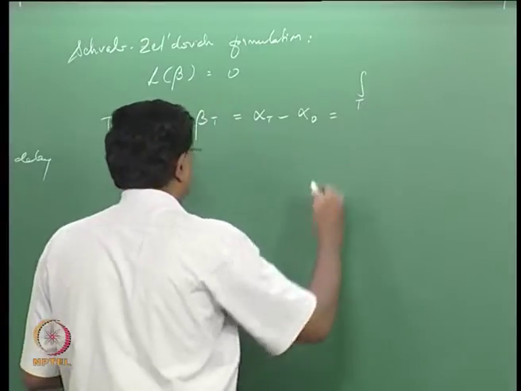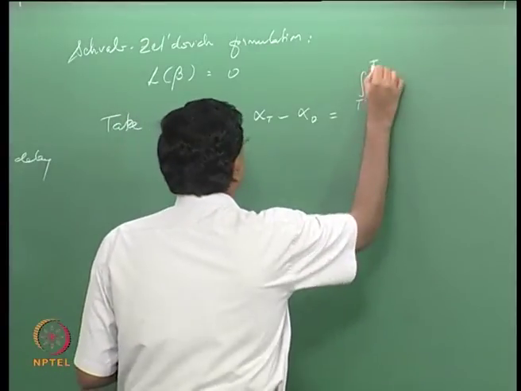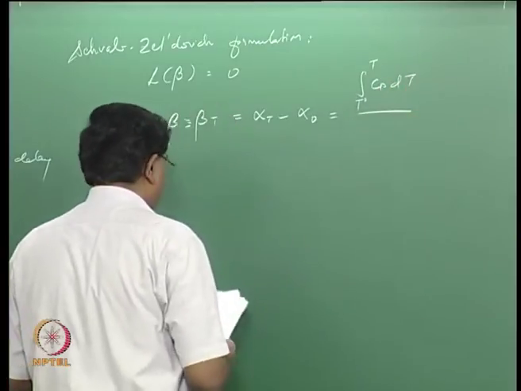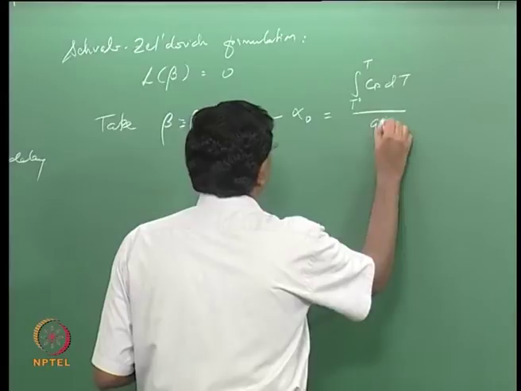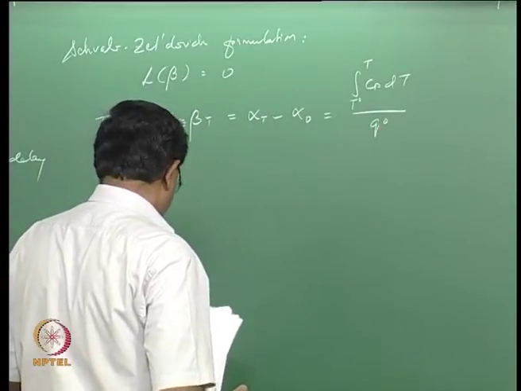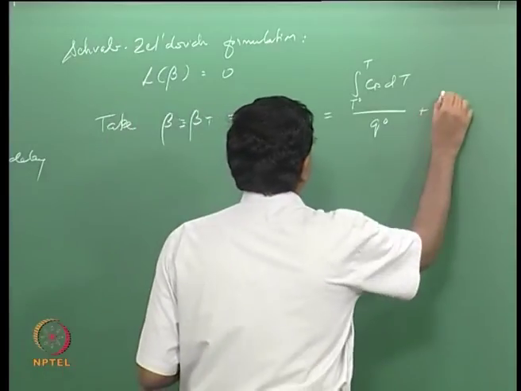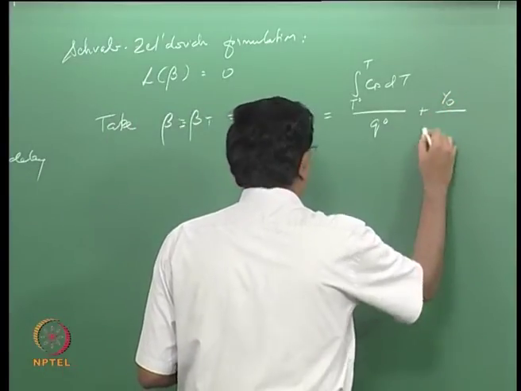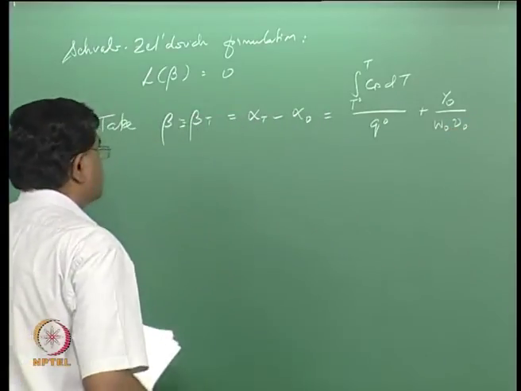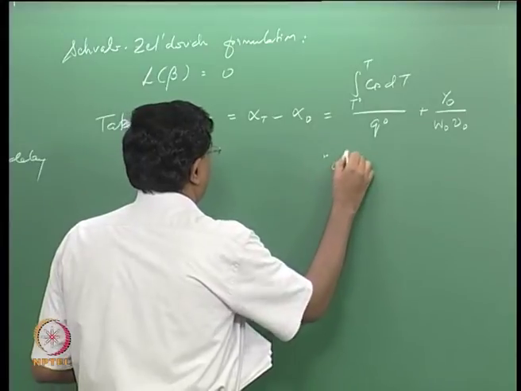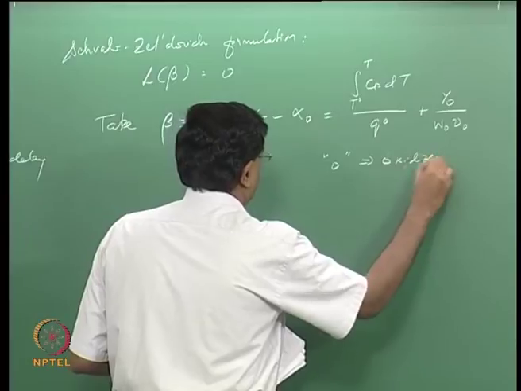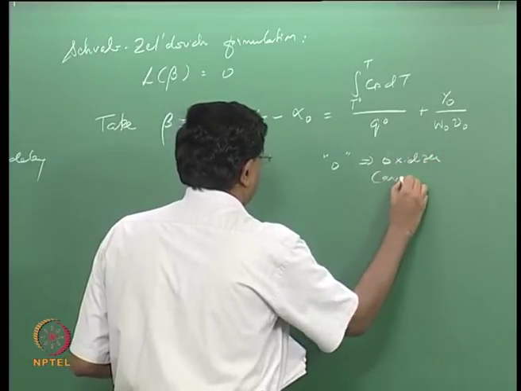This translates to the integral from T naught to T of Cp dT divided by, let us say, the reference Q based on the heats of formation, plus Y_O divided by W_O nu_O, where O refers to the oxidizer in the ambience.